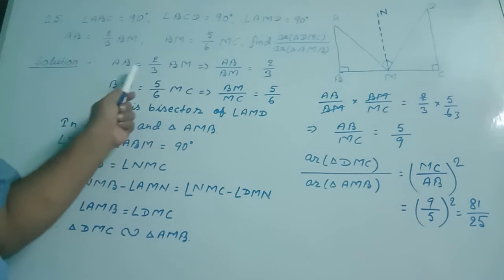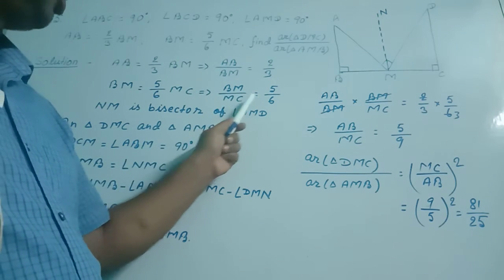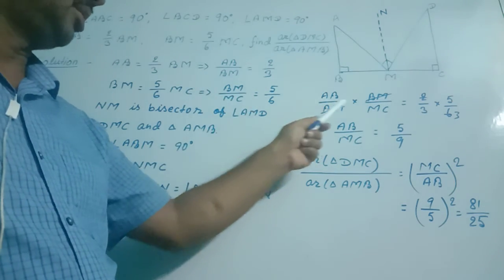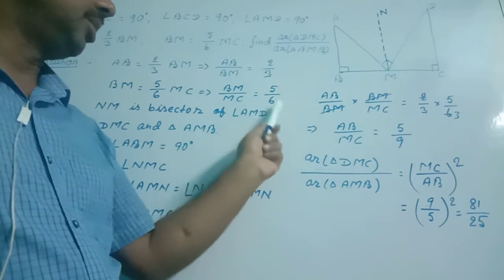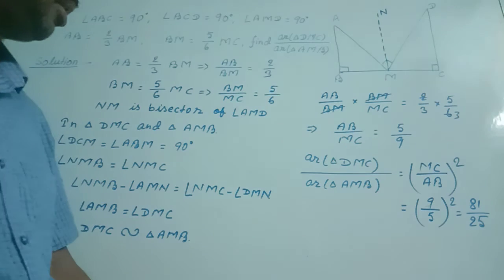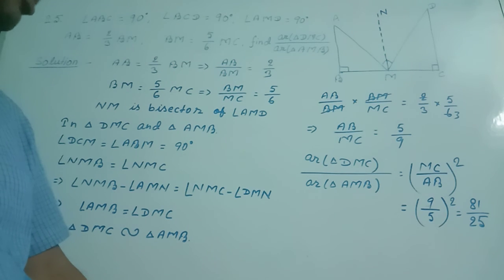Now from these two conditions, AB by BM equal to 2 by 3, BM by MC equal to 5 by 6. So I multiplied these two. AB by BM into BM by MC equal to 2 by 3 into 5 by 6. BM cancelled. AB by MC equal to 2 by 3 into 5 by 6. 2 3s are 6, so after simplification AB by MC became 5 by 9.